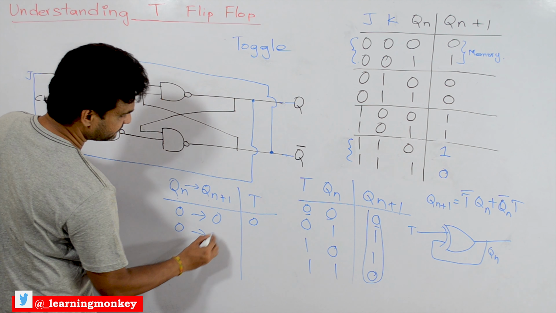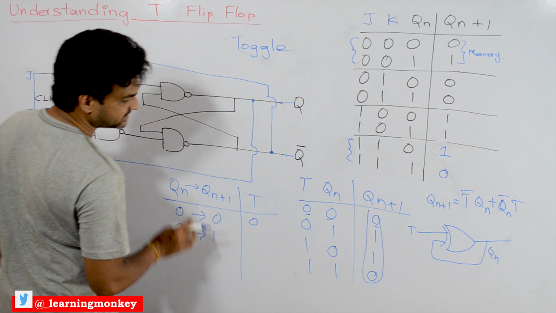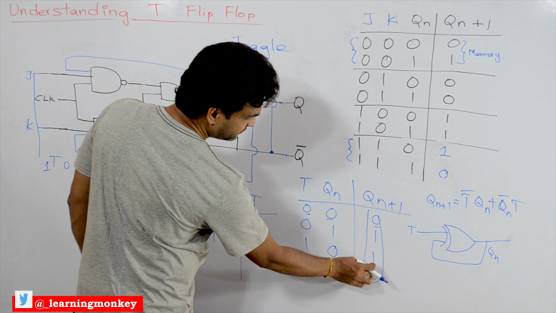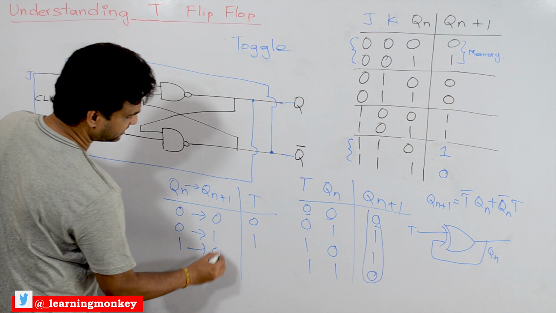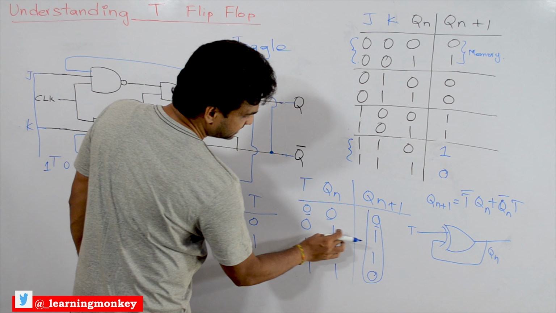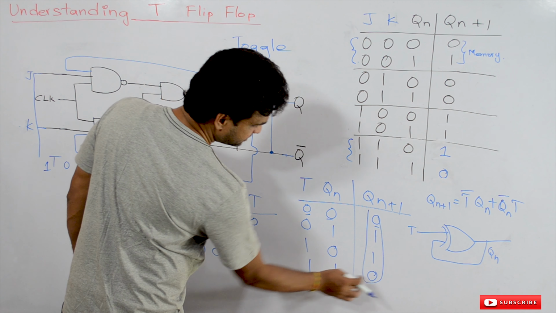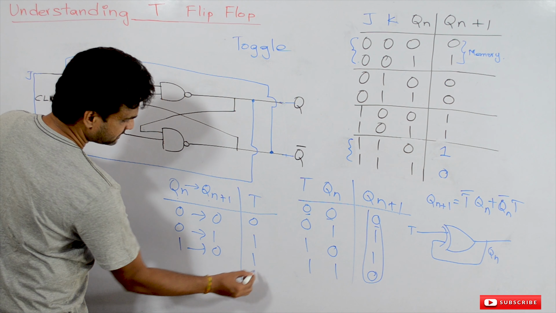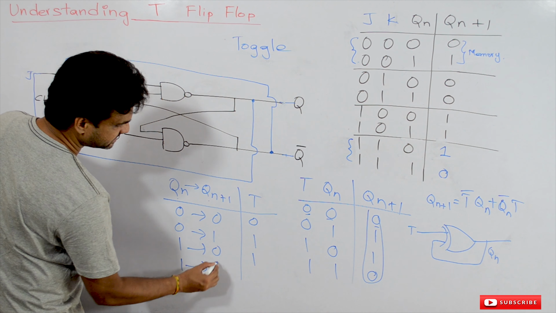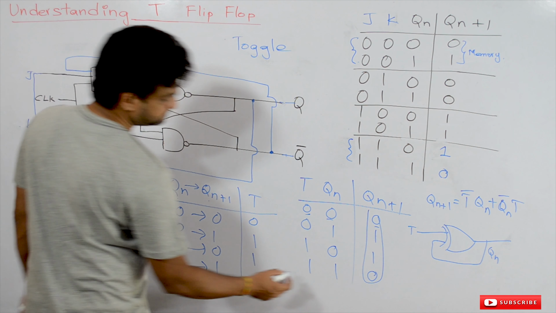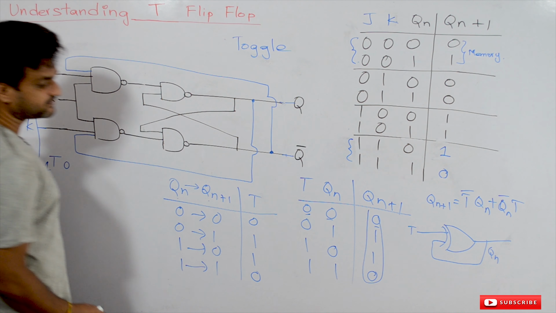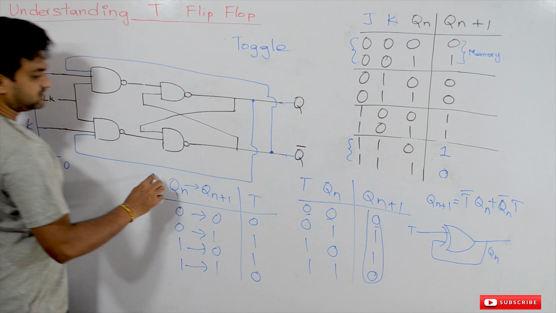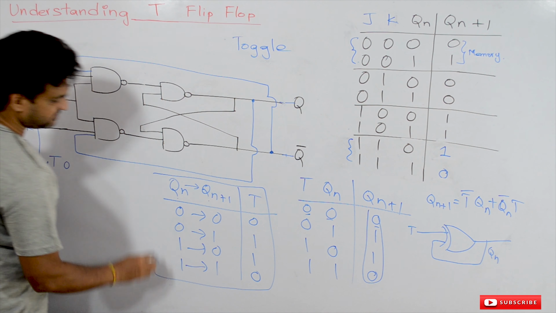Whenever we want to excite from 0 to 1, T should be 1, and whenever we want to excite from 1 to 0, the input should be 1. Similarly, when we want to go from 1 to 1, T should be 0. This is the excitation table for the T flip-flop.